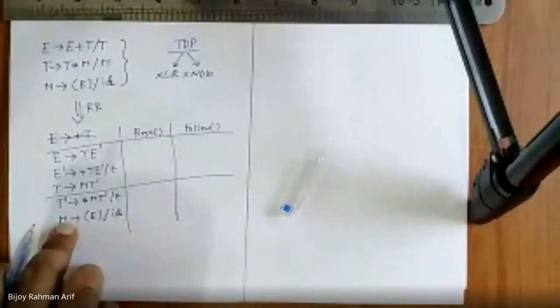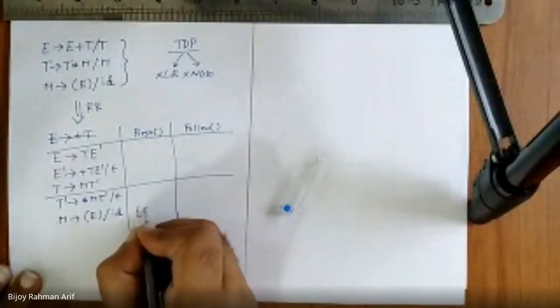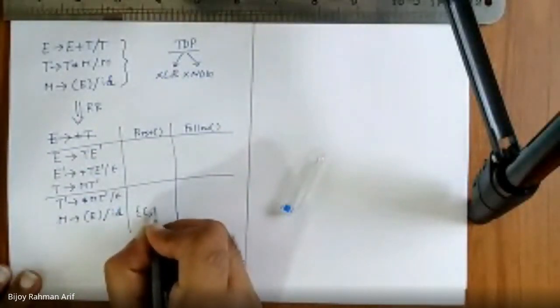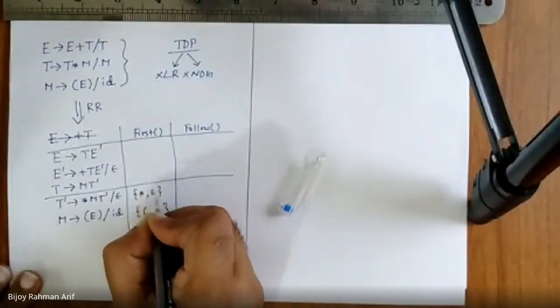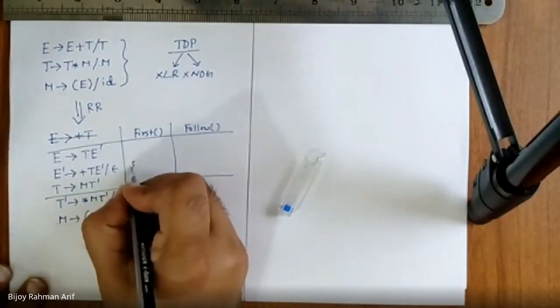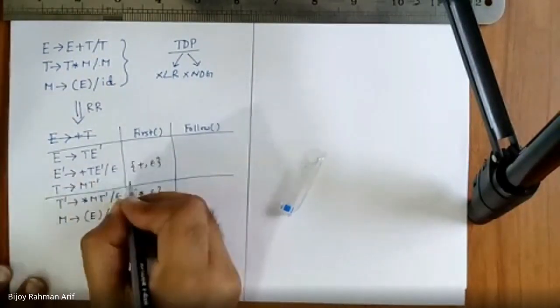Sir, M. Last one will be easier, right? Yes, sir. So what will be the first of this? Open parenthesis and ID. This one is nothing but star or epsilon. Plus and epsilon.